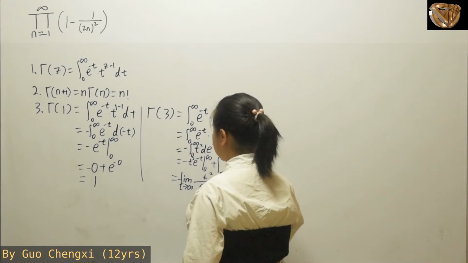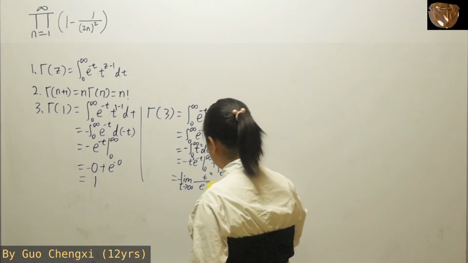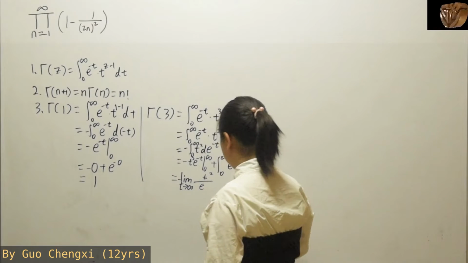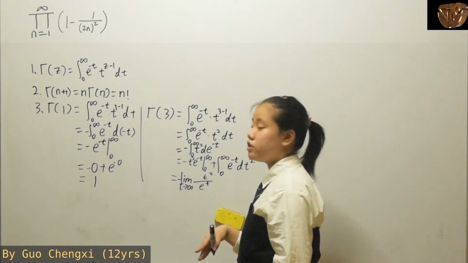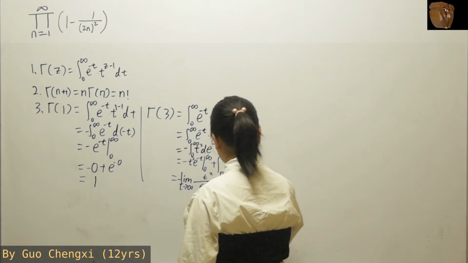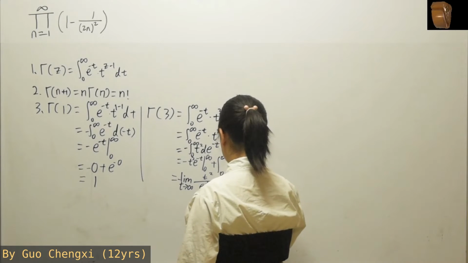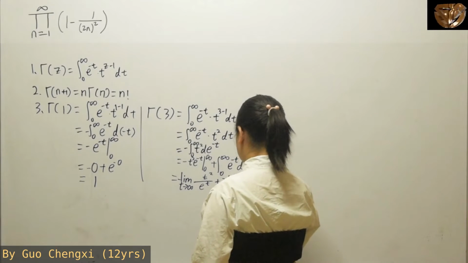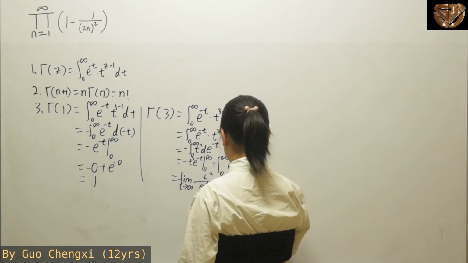It's indeterminate, because e to the power of t is now in the denominator, so you get the indeterminate form infinity over infinity. For the other part over here, you can take this out and you get 2 times the integral from 0 to infinity of t e to the power of negative t.